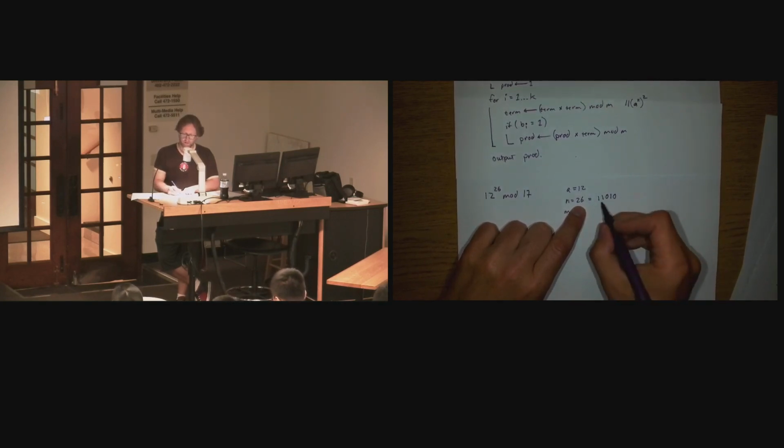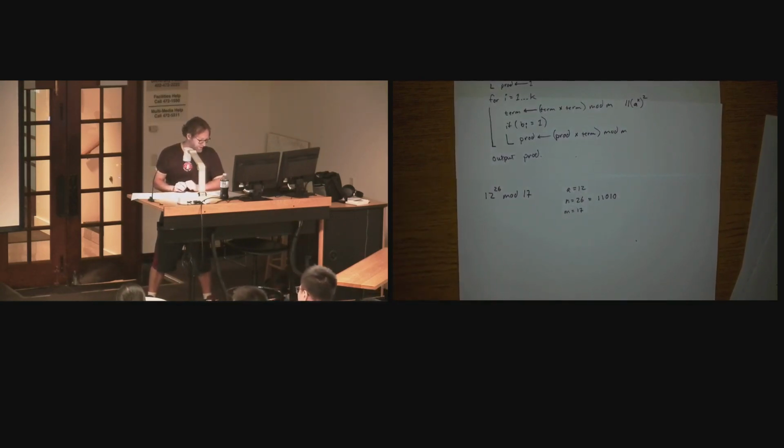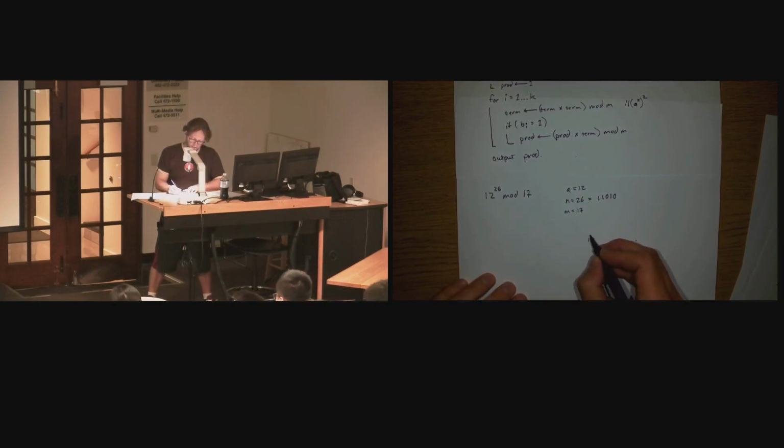All right, this is 26 in binary, right? Let me check. 11010. Yep. All right. So there's my input. What I'm going to do is keep track of i, the term, and the product. All right.